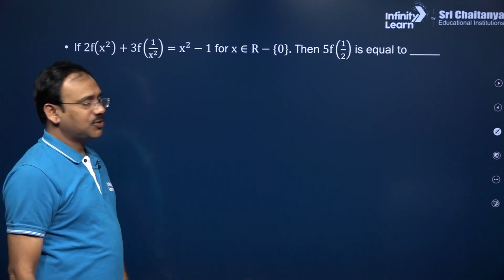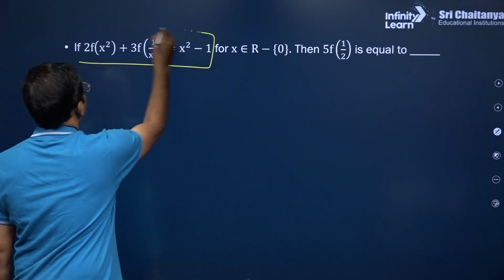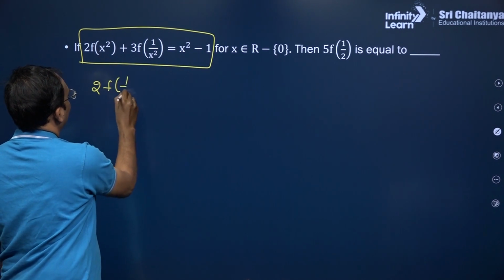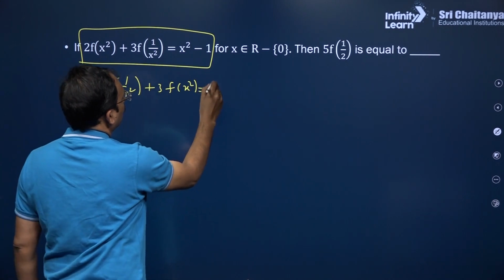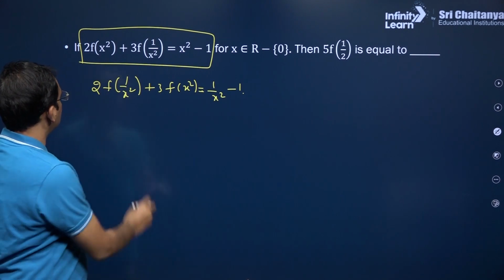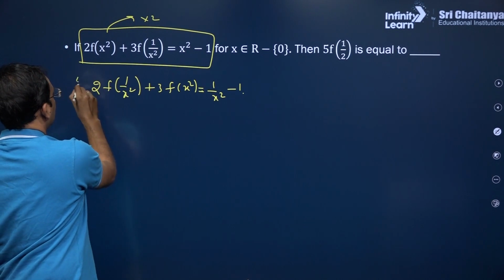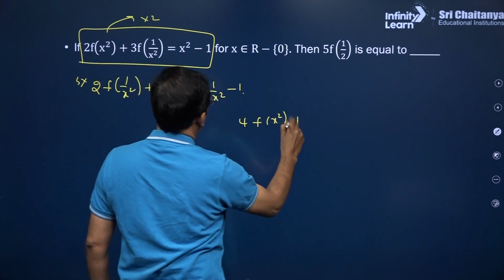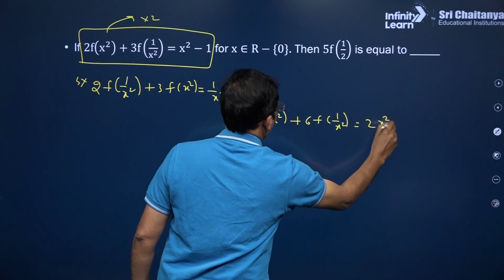Next, you see this question, a functional relation, you know what to do. For this functional relation, replace x square by 1 plus x square, so that 2 times f of 1 by x square plus 3 times f of x square is equal to 1 by x square minus 1, right. So these are the two equations. Try to eliminate this: multiply the first equation with 2 and the second equation with 3, so that this becomes 4 f of x square plus 6 f of 1 by x square is equal to 2 x square minus 2.